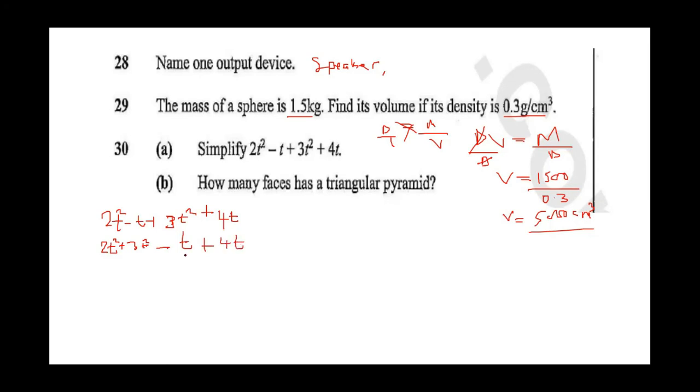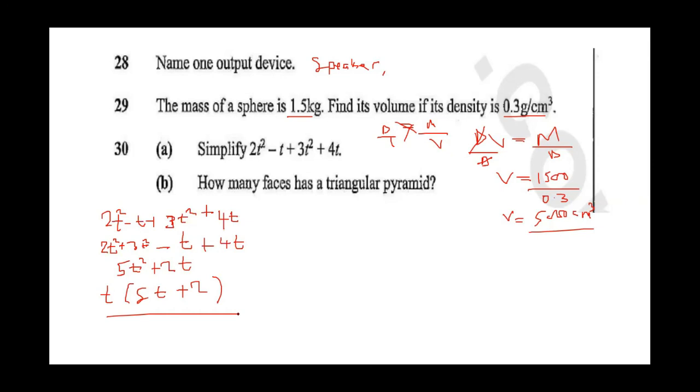Then 2 plus 3 is 5, so this becomes 5t squared, and this becomes plus 3t. Here you can factorize because there's a t and there's a t. So you say t, open brackets, 5t plus 3, and you have simplified your expression.